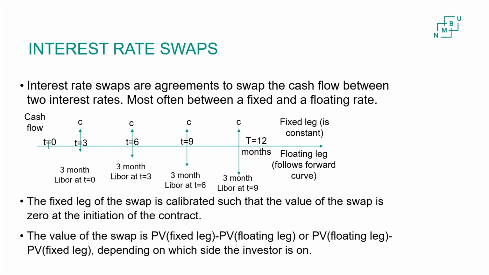And here we have an example, and you can see that the maturity of this swap is 12 months, and it pays a fixed rate every 3 months.